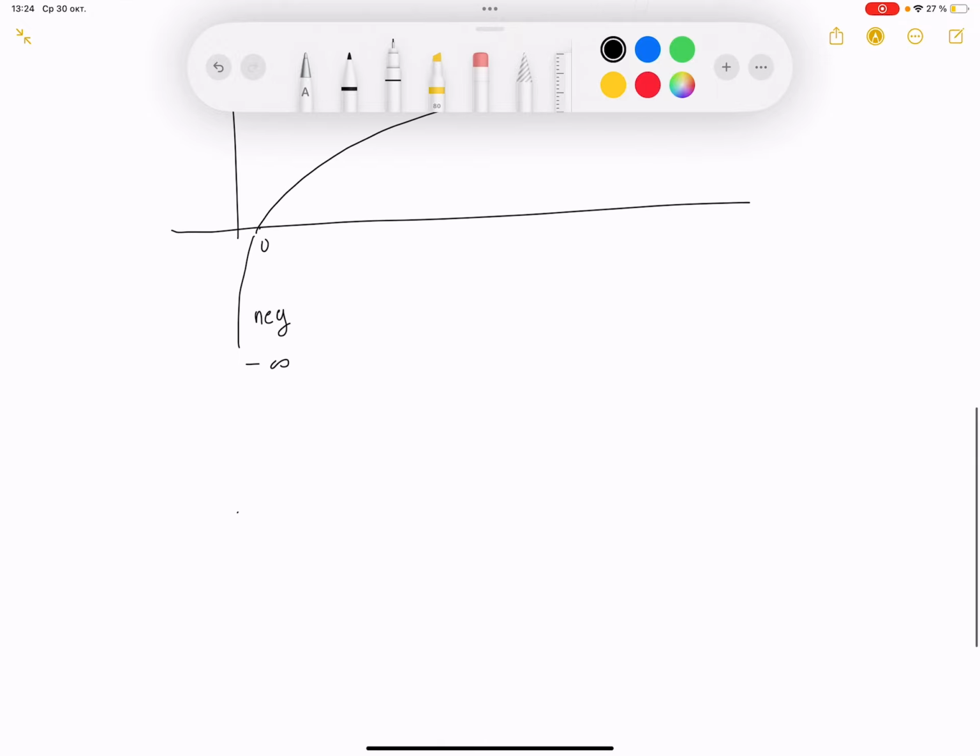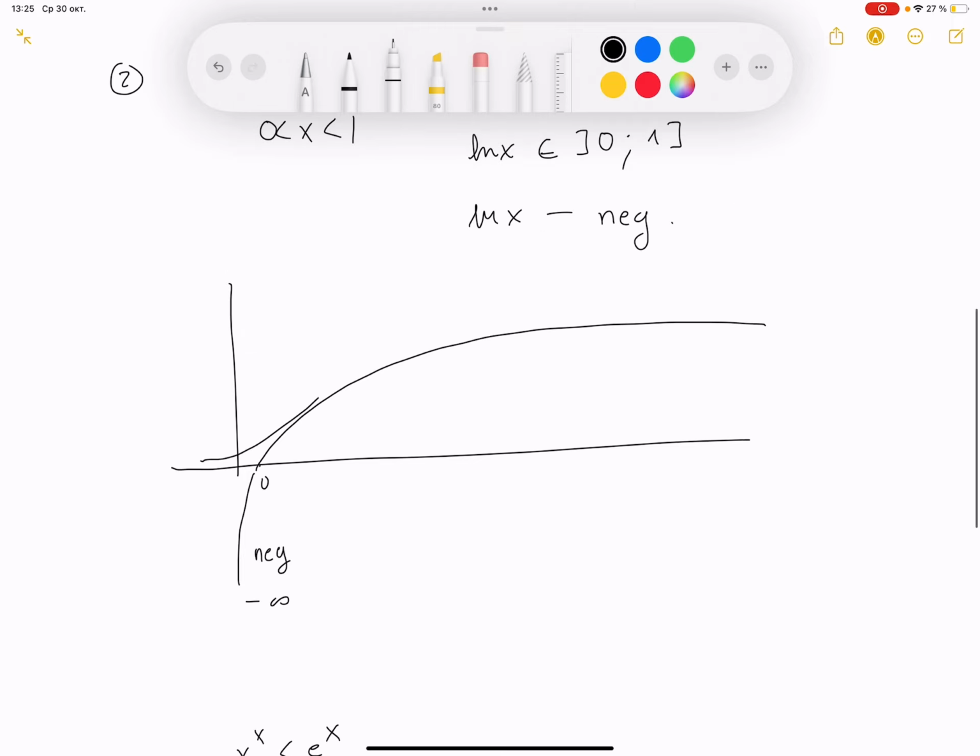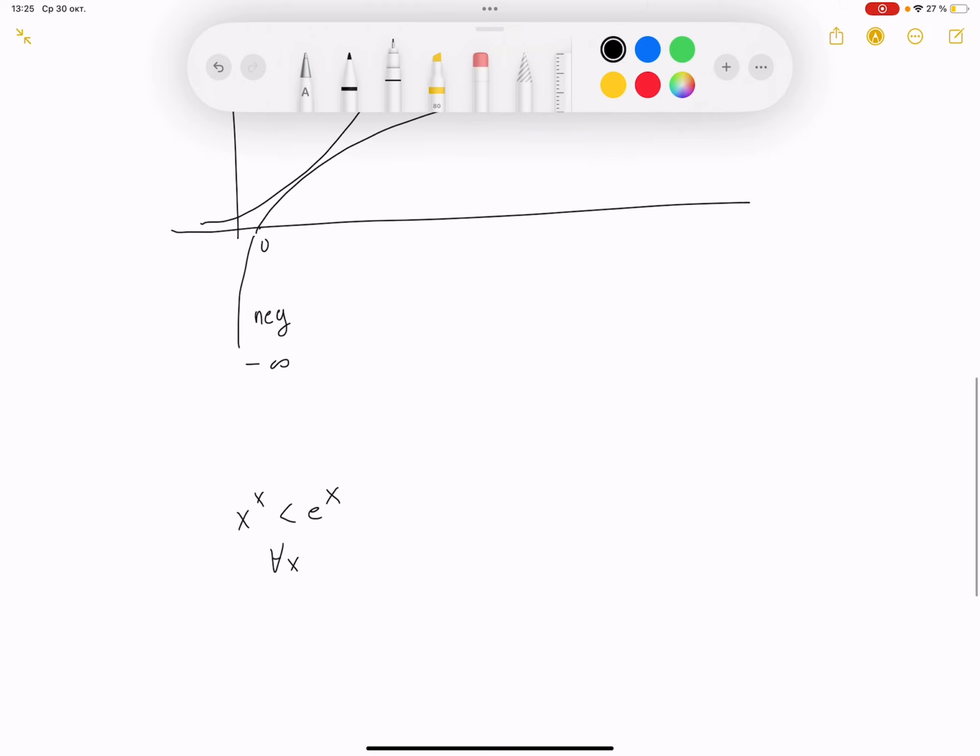So x to the power of x for all values of x is smaller than e to the power of x, which grows like this, meaning we'll have a to the power of a being smaller than e to the power of a.